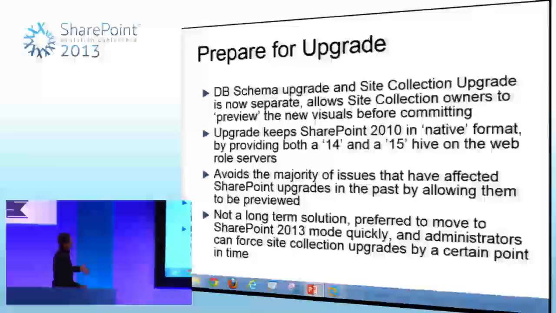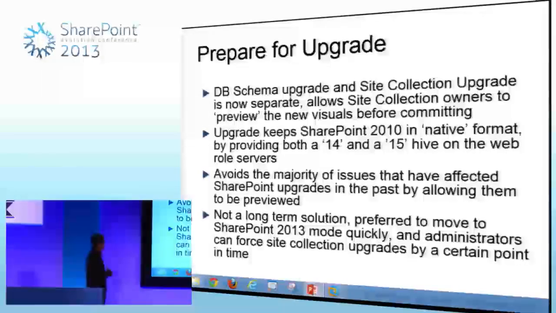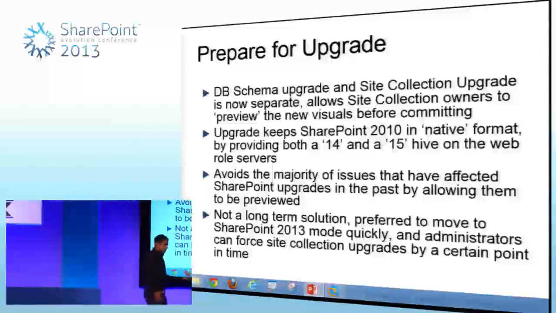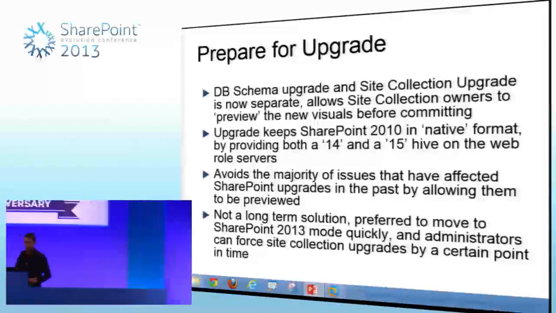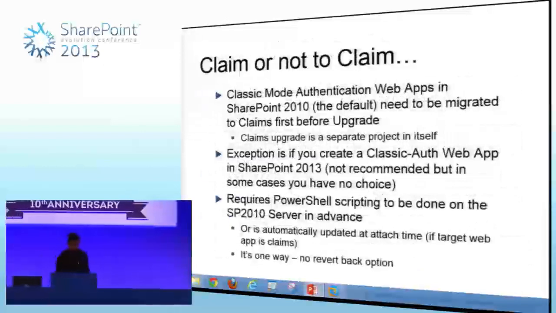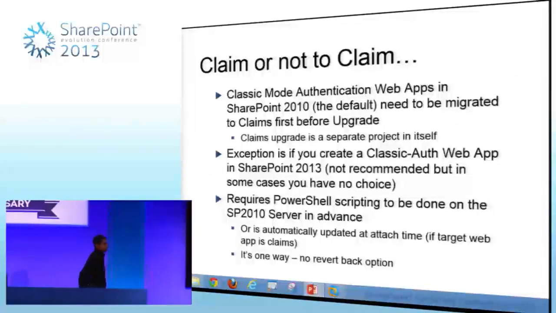So I talked about the 14 and 15 hive on the web front end. Essentially what it allows you to do is get it upgraded. The UI will remain in 14 mode until you commit to fixing all the issues that you've got, and then turning on the new UI. Another thing you have to watch out for is the claims mode.